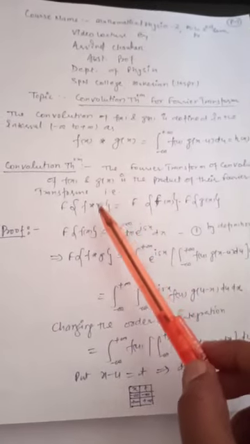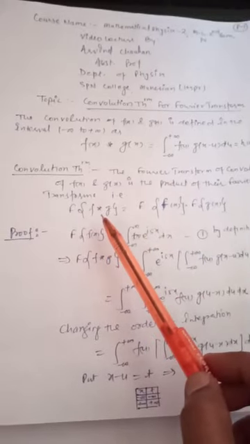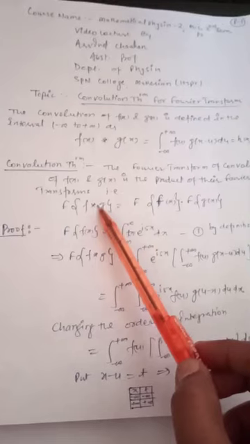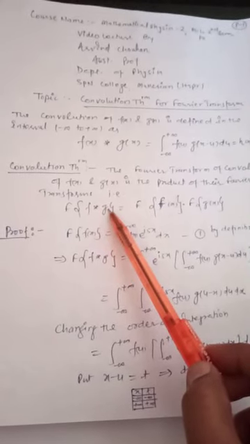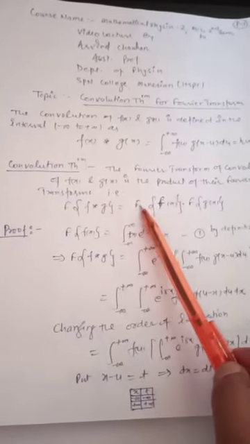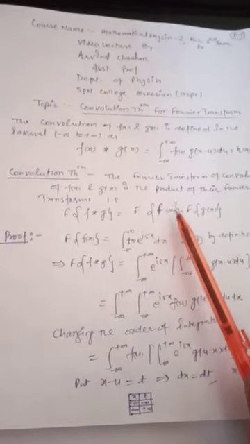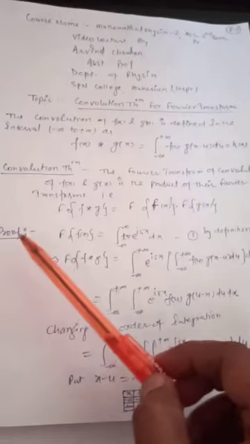Mathematically, we can represent this statement as: the Fourier transform of f convolution g is equal to the Fourier transform of f of x times the Fourier transform of g of x.